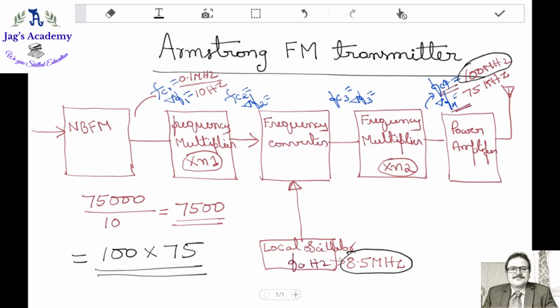Of course, with 100 here or 75 here, we can fulfill the requirement of the frequency deviation at the output. But can you fulfill the requirement of having a 100 megahertz carrier wave?